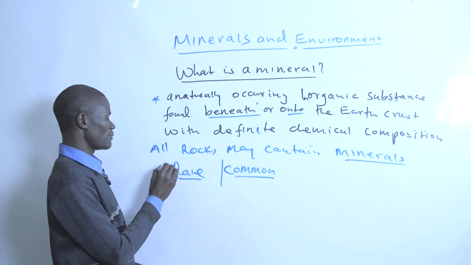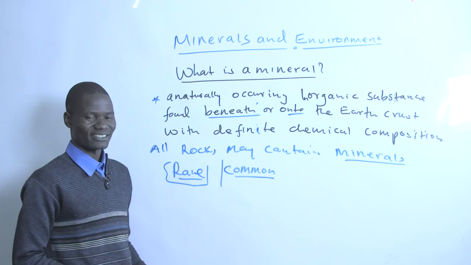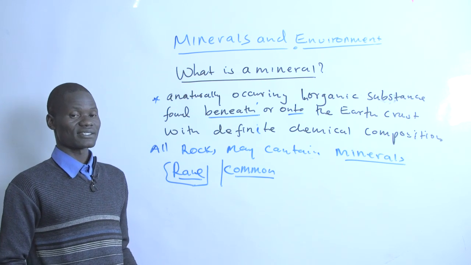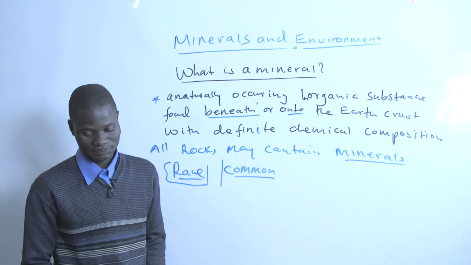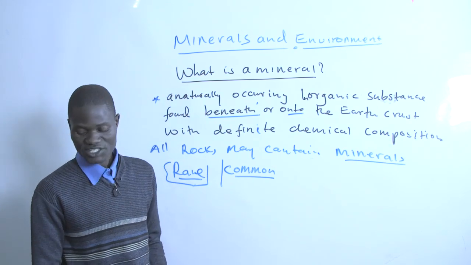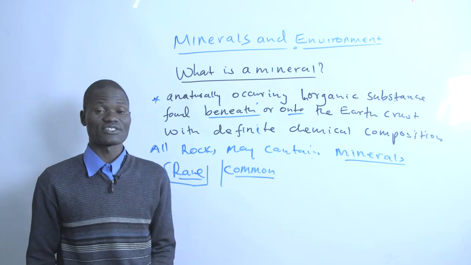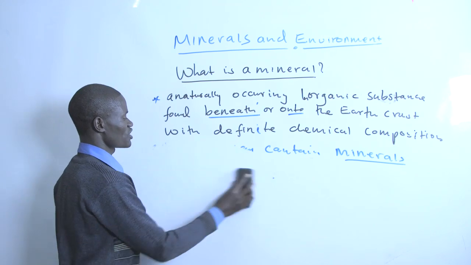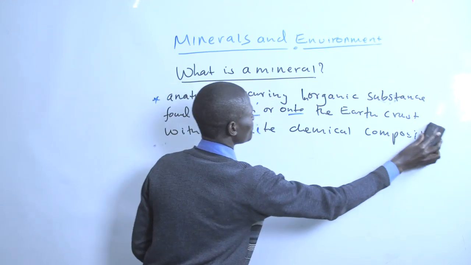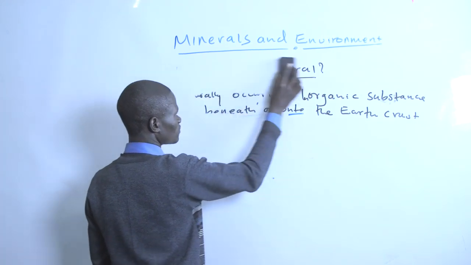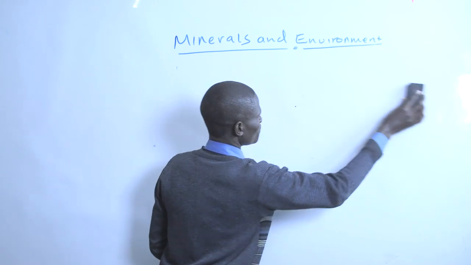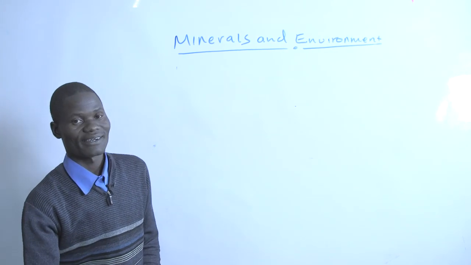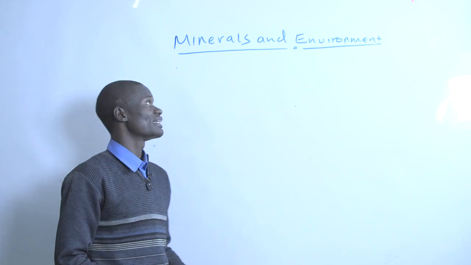But most of the minerals are rare, that is, they cannot easily be found. Let's move on and look at the characteristics of minerals. What are the characteristics of a mineral?